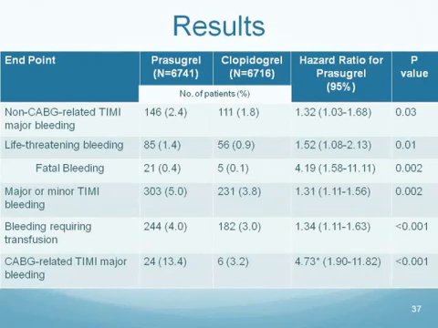They looked at a number of different endpoints regarding bleeding, and you can see that in every case, whether it was major bleeding that was not related to the patient going to surgery, life-threatening bleeding, fatal bleeding, minor bleeding, bleeding requiring transfusions, any way you want to cut the pie here, there was a statistically significant increase in bleeding associated with prasugrel.